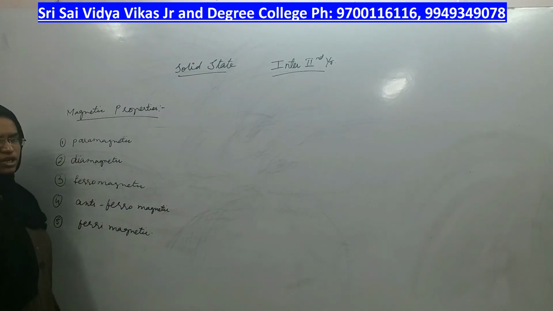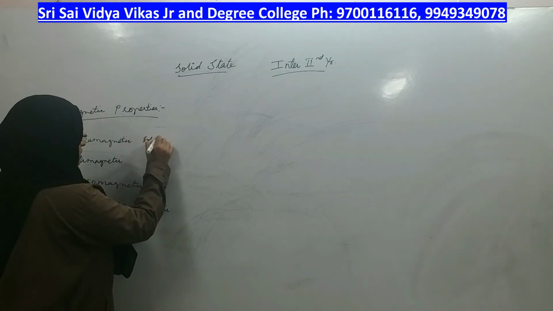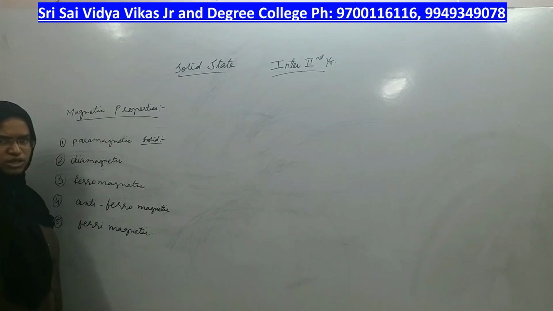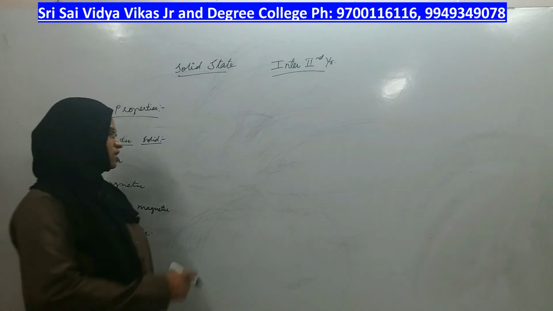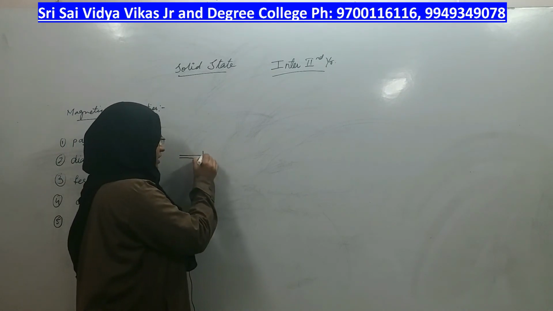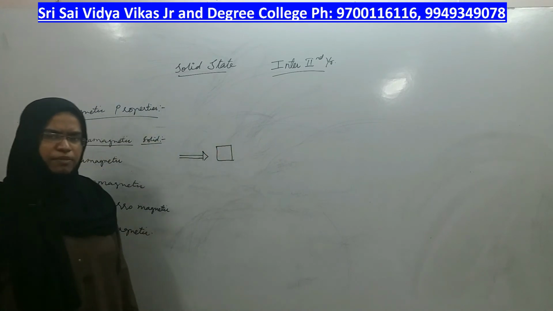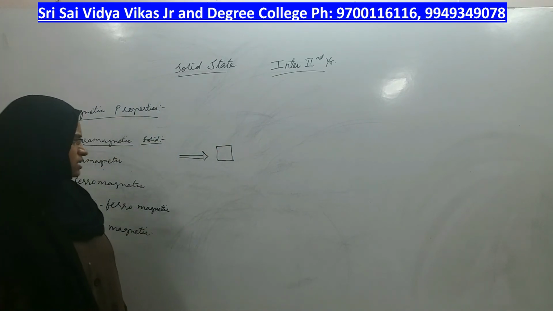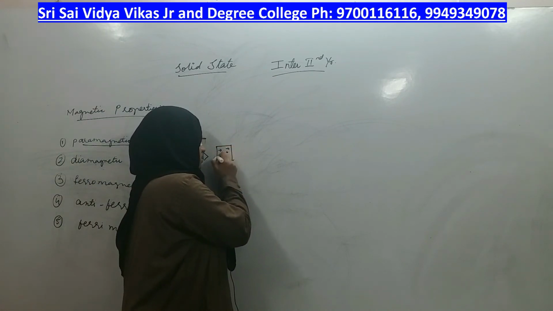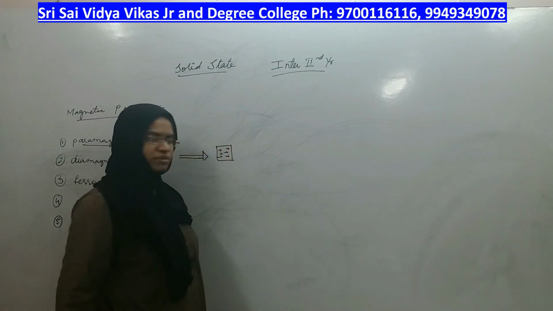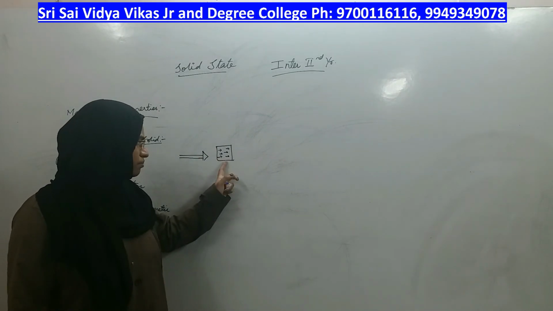The first type of solids, in which the magnetic nature is paramagnetic, are those substances in which, if you apply a magnetic field, so many unpaired electrons are already present in the molecule or in the compound.